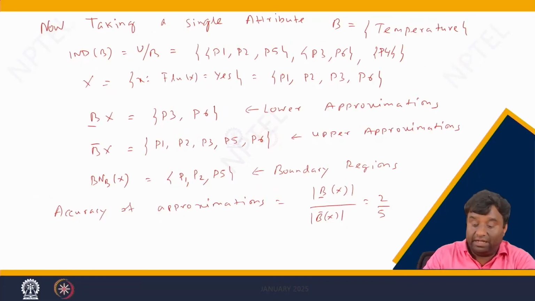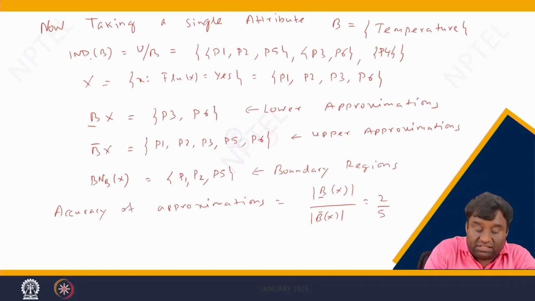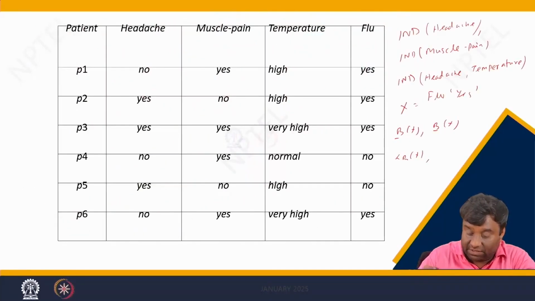Now take a single attribute B equal to temperature. In this indiscernibility relation, U by B, check the temperature. From the table, it is P1, P2, P5 and P3, P6, and P4 is unique.